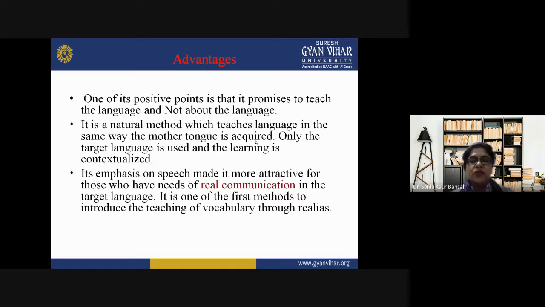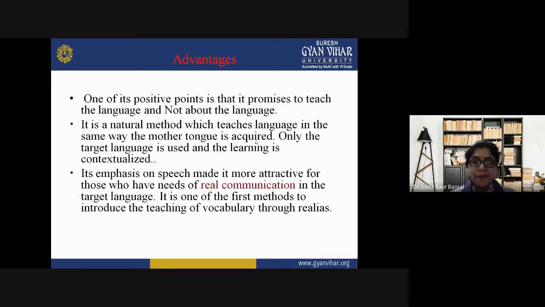It is one of the first methods to introduce the teaching of vocabulary through realia. So understand, students, that the advantages are definitely related to increasing the competency level of language skills and communication skills, reducing the use of mother tongue and increasing the use of target language only while communicating.